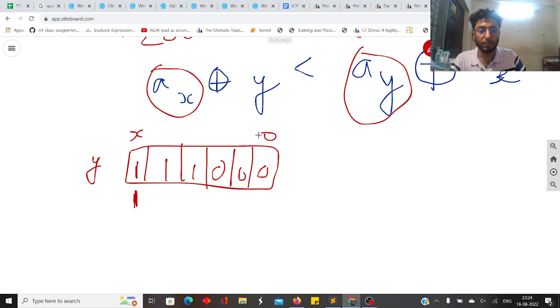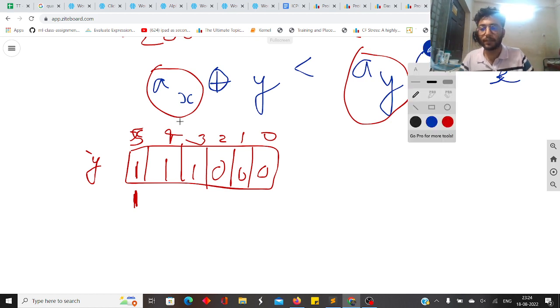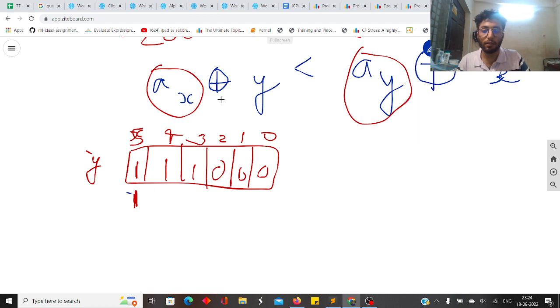So let me say positions 0 1 2 3 4 and 5. So let me say that the fifth bit of a_x was on and the fifth bit of y was also on.